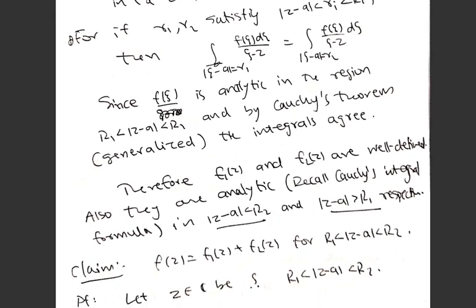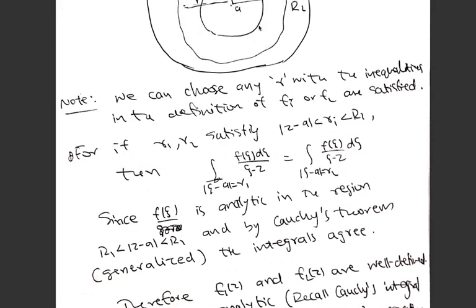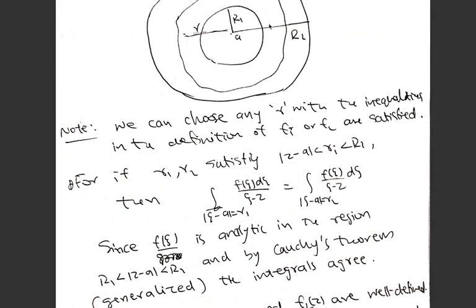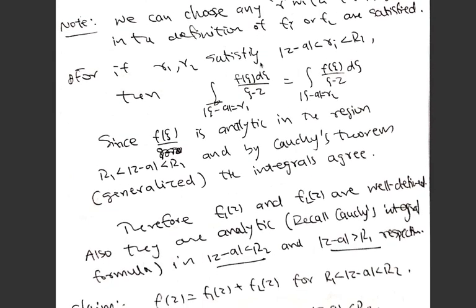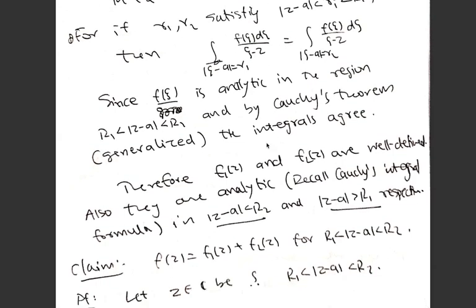Now, Cauchy's theorem can be applied, because if you have two circles, they can be shrunk to one. Now it is very easy to prove that f(z) equals f1(z) plus f2(z) whenever z varies in this region.